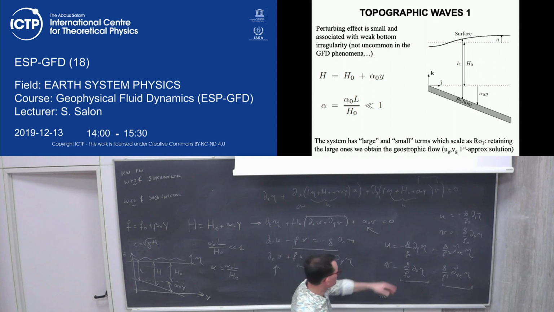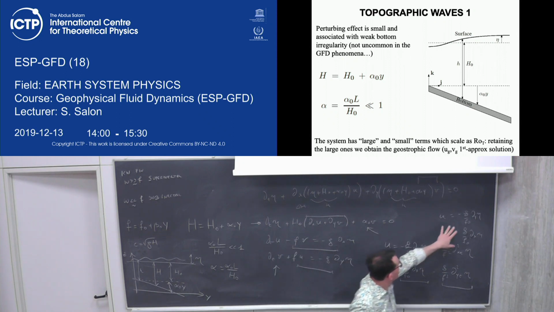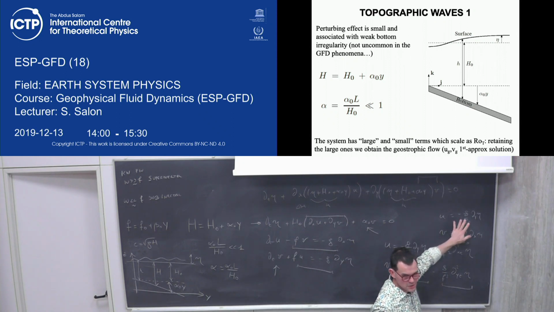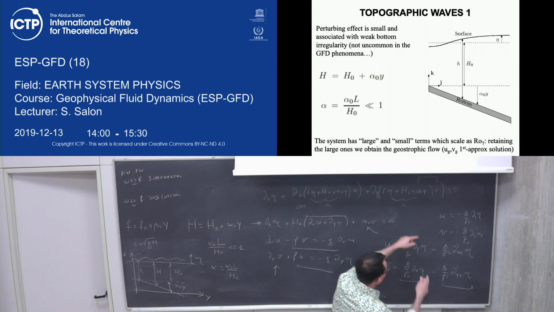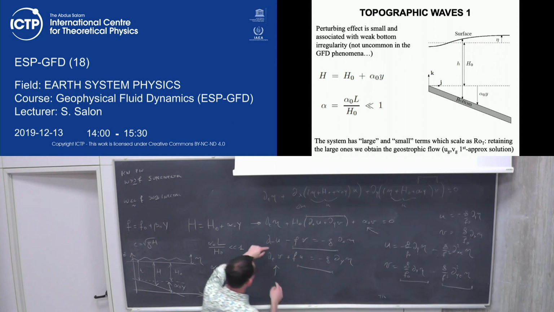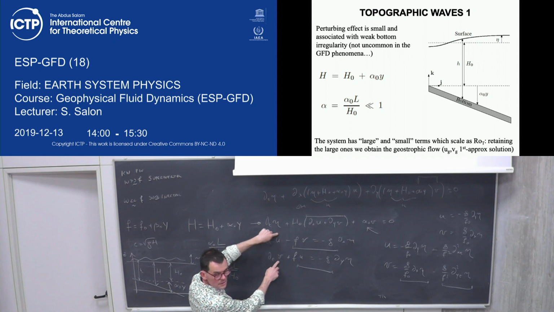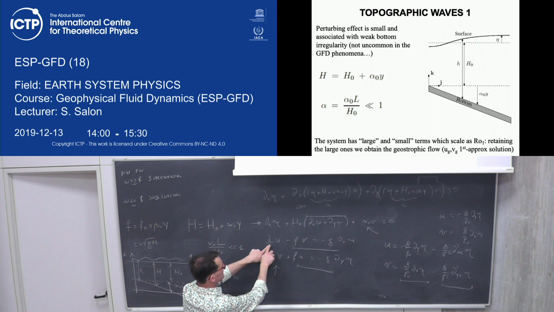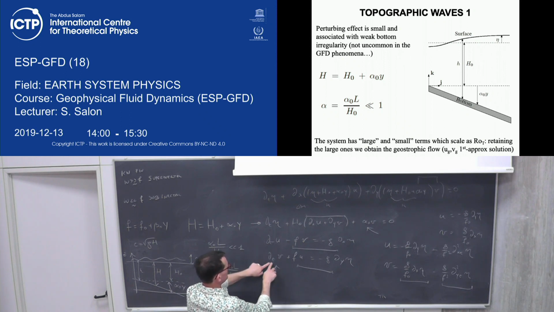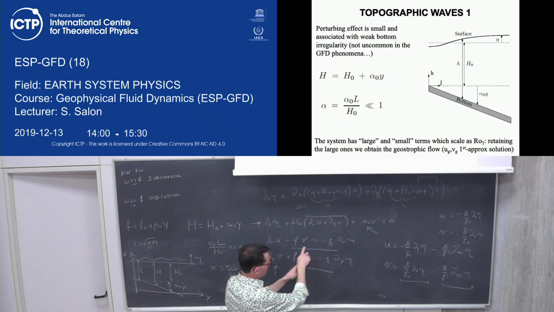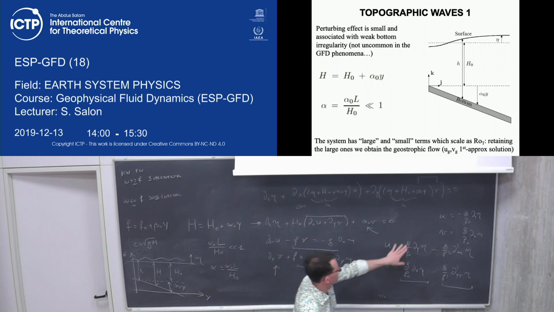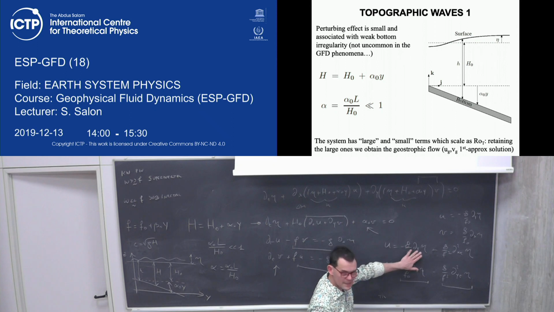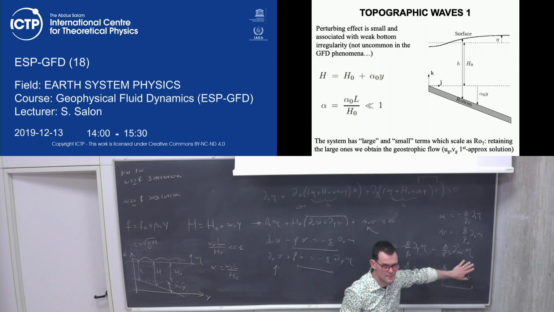So, like before, we said in first approximation the solution is geostrophy. If I put the solution of geostrophy here and here, what I obtain is a second derivative term in t and y and in t and x of eta. So the solution will be again the dominant geostrophic flow plus a perturbation.